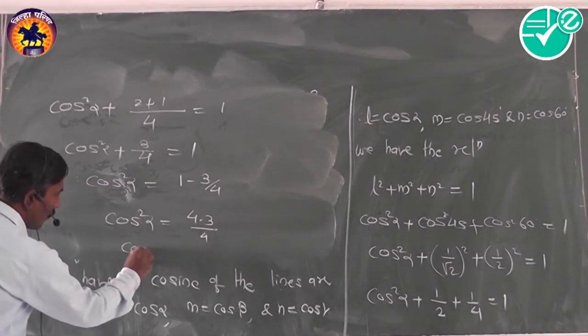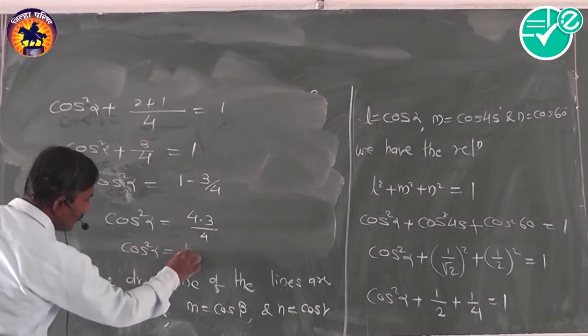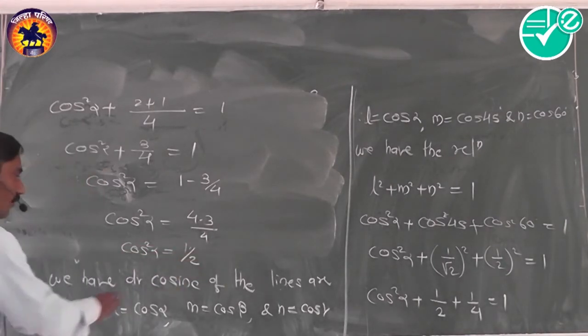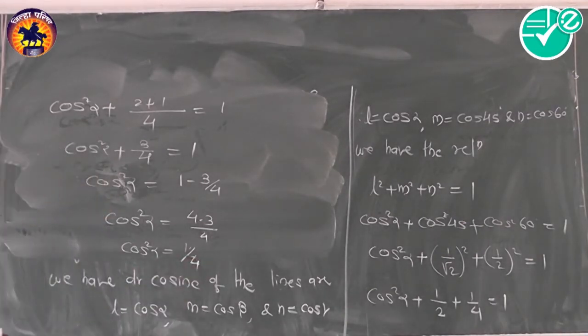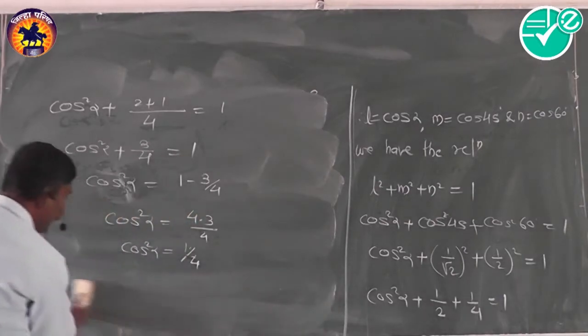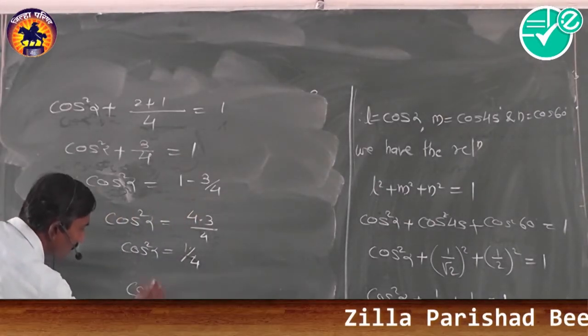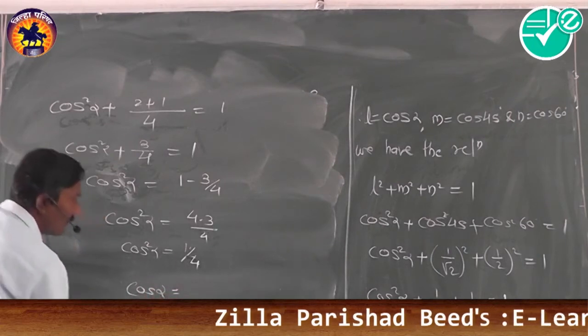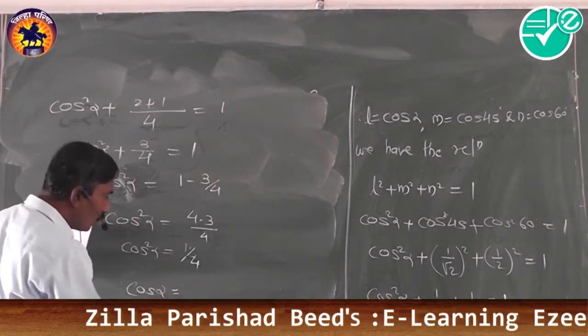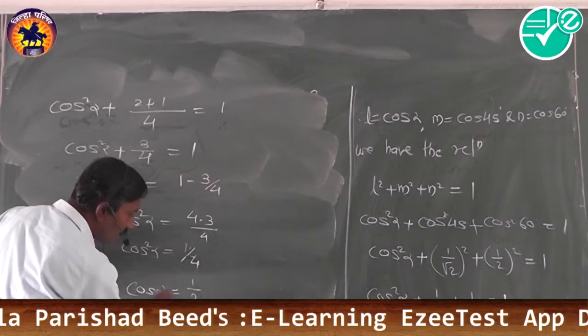So cos square alpha is equal to 1 by 4, and taking the square root, cos alpha is equal to 1 by 2.